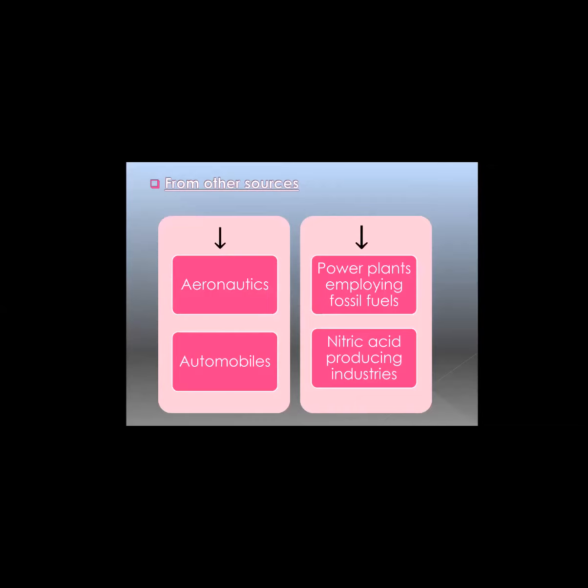During the formation of nitric acid, sometimes oxides of nitrogen are also formed, or it also happens many times that the oxides of nitrogen used as a raw material are not completely converted into nitric acid, and as a result they are let into the atmosphere. So these are some of the other sources which we can categorize as man-made sources: aeronautics, power plants employing fossil fuels, automobiles, and of course, as I said, nitric acid producing industries.